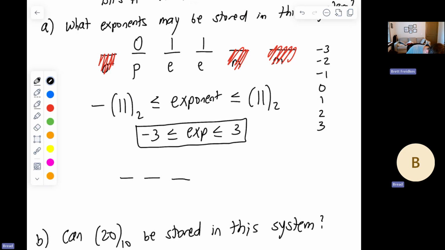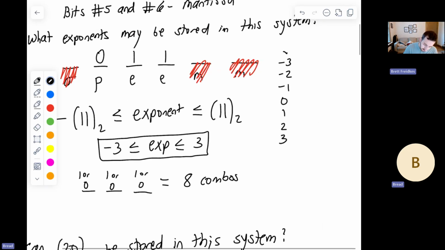I can have this be a 1 or a 0, this could be a 1 or a 0, and this could be a 1 or a 0. Which means we have 2 options per bit, which implies that we have 2 times 2 times 2 combinations of possible 1s and 0s. We have 8 possible combos. You can figure those out on your own: 0, 0, 0, 0, 0, 1, 0, 1, 0, etc., all the way up to 1, 1, 1.